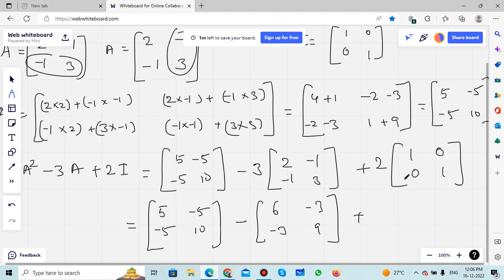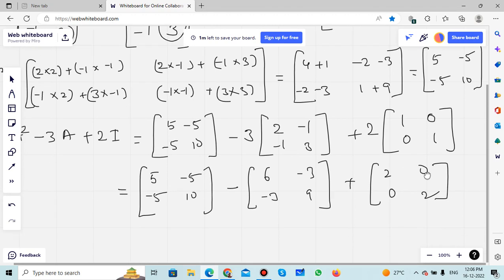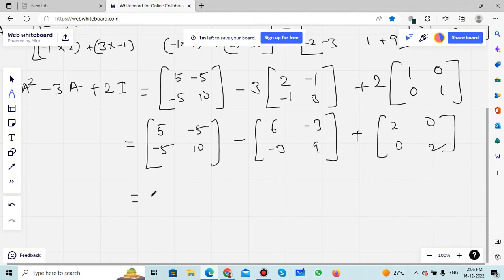Here 2 into 1 is 2, 2 into 0 is 0, 0, 2. Okay, now we'll add and subtract. So it will be 5 minus 6 plus 2. And this will be minus 5 minus 3 and plus 0.